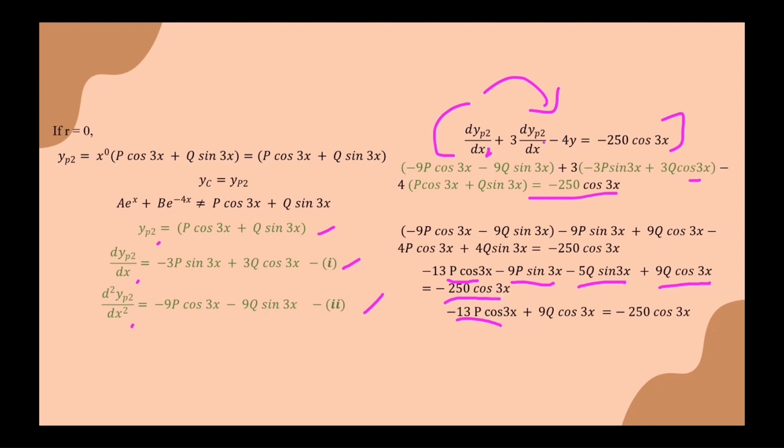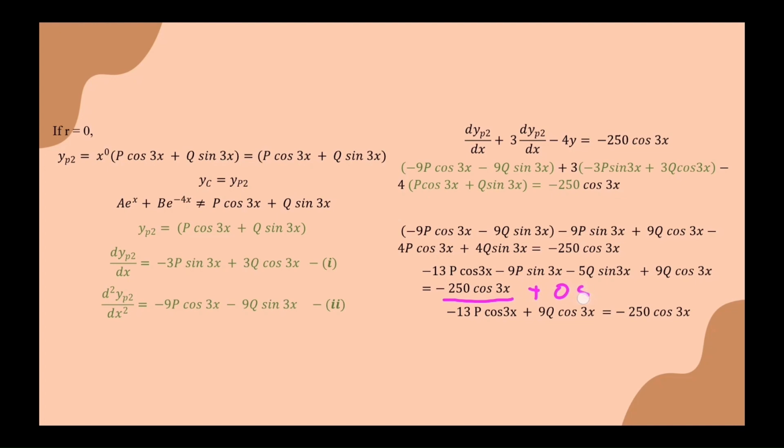As we can see here, we have a value for cos, but we don't have a value for sine. So we have to assume that the value for sine is 0.